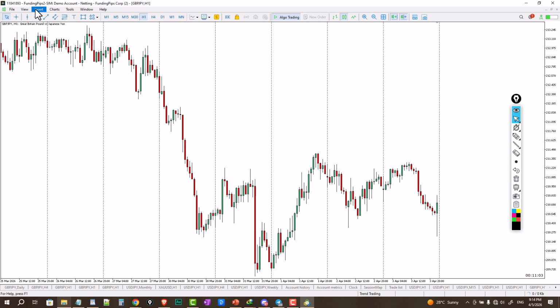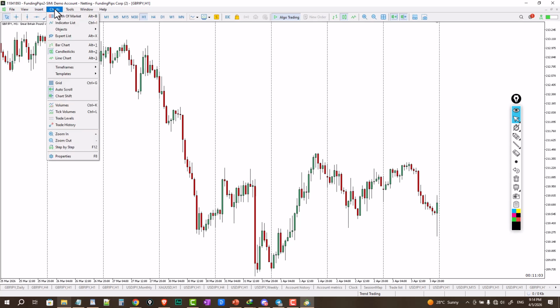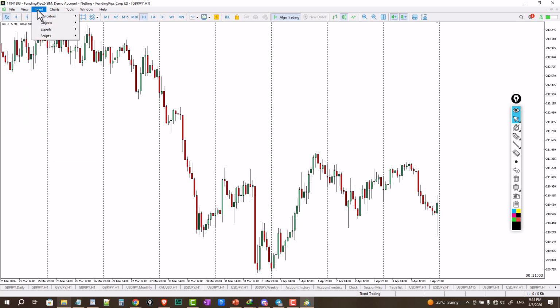Let's add the one that we just used as an example, a 50 period exponential moving average. In order to do that, if you're using the MetaTrader trading platform, this is MetaTrader 5, all you need to do is hover your mouse cursor on the navigator bar, go to the Insert tab, and then hover over the Indicators tab.